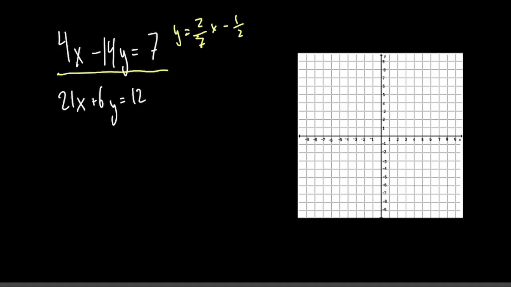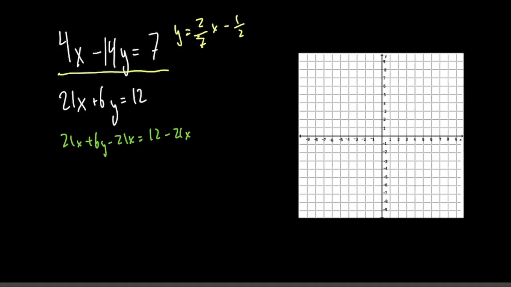Now for the next one, we have 21x plus 6y equals 12. I'm going to subtract 21x from each side. So we're going to get 21x plus 6y minus 21x equals 12 minus 21x, right? Simplifying this, we're going to get 6y equals 12 minus 21x.